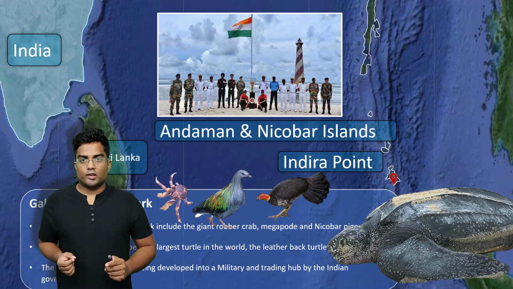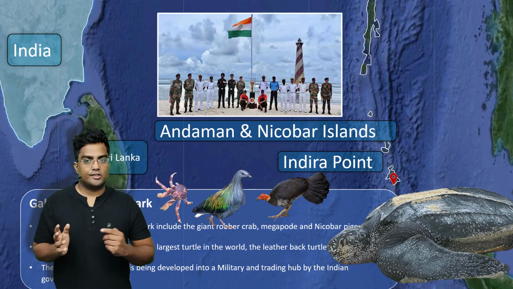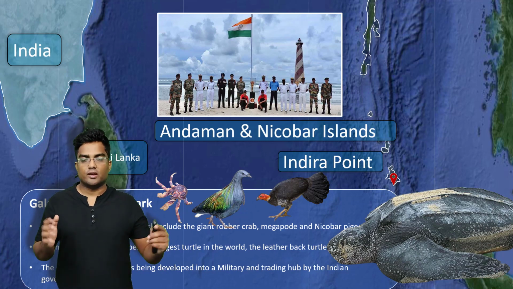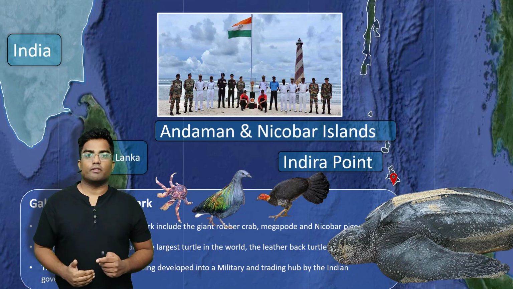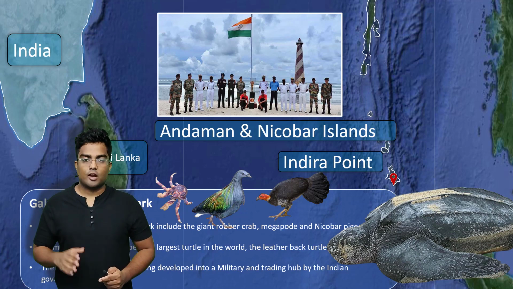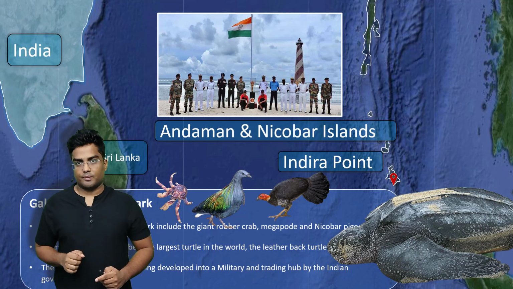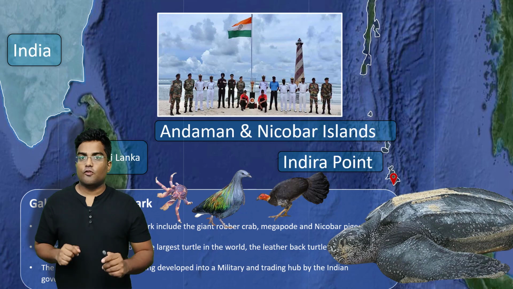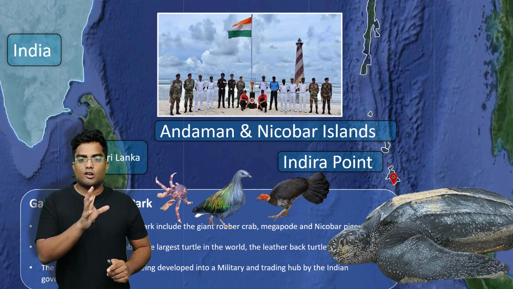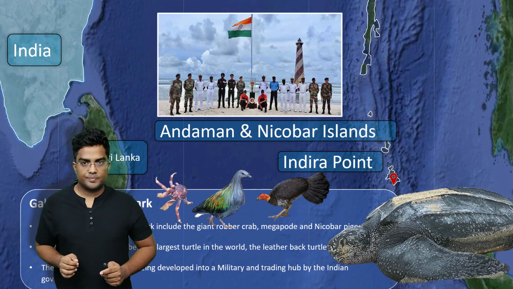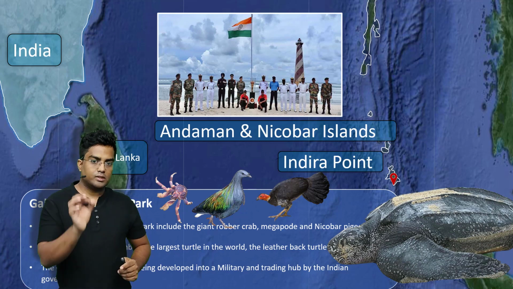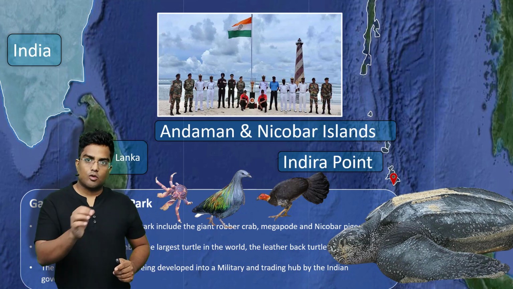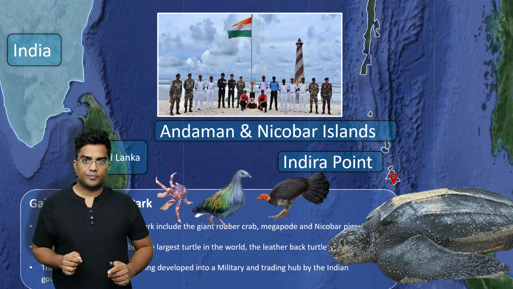Now, because of China and some issues here and there, this region is now being developed as a military post and also an important trading hub of India. In the 2004 tsunami, a lot of inhabitants perished. The lighthouse you are seeing in that picture also pretty much got destroyed.